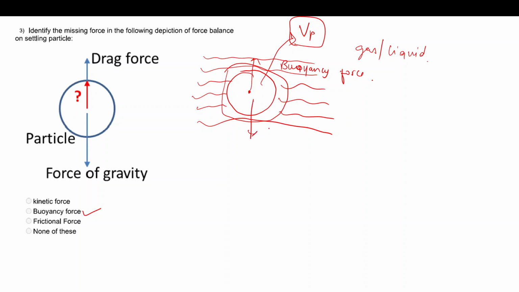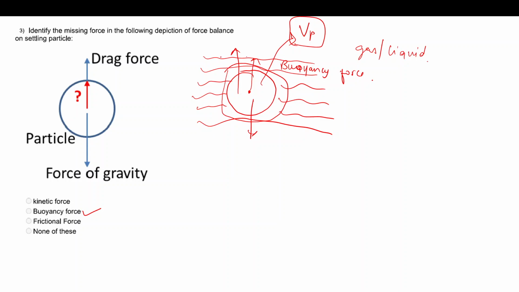So here if it is moving in downward direction under the influence of gravitational force, then buoyancy force will be acting in opposite direction.